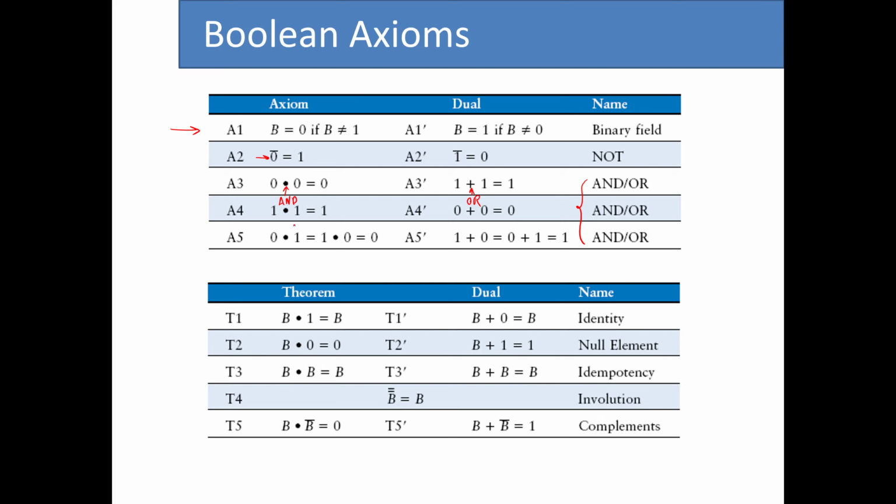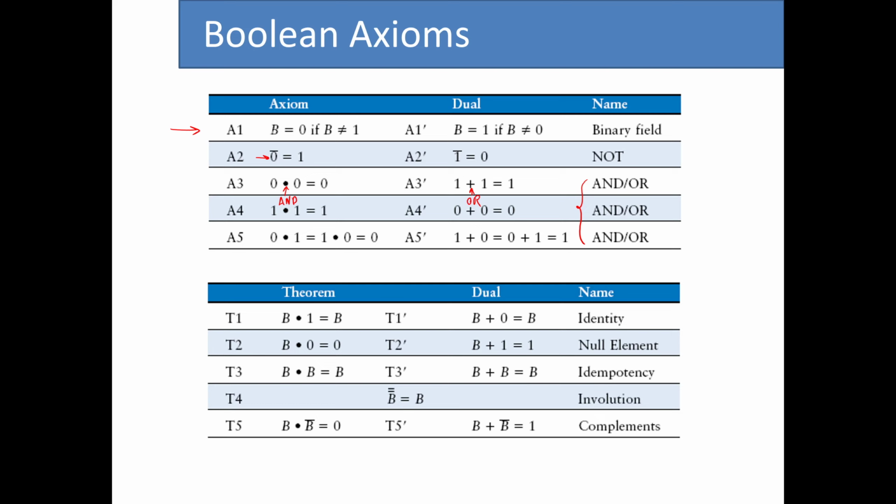Axiom 4 says 1 AND 1 equals 1, or 1 multiplied by 1 equals 1. In its dual form, 0 OR 0 is 0.